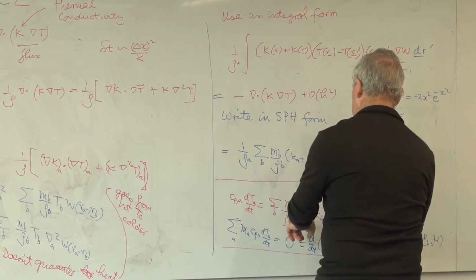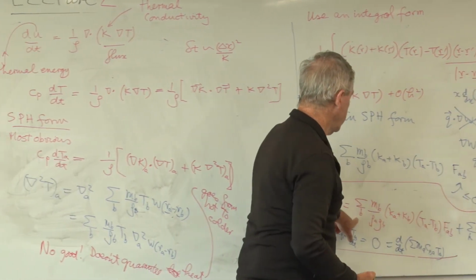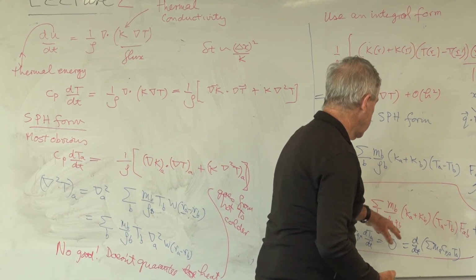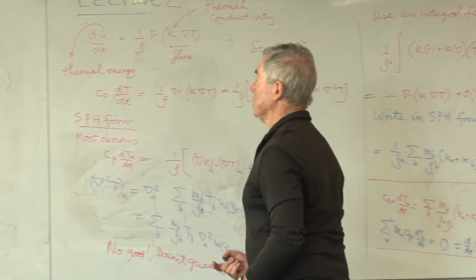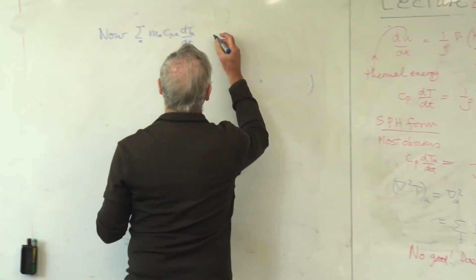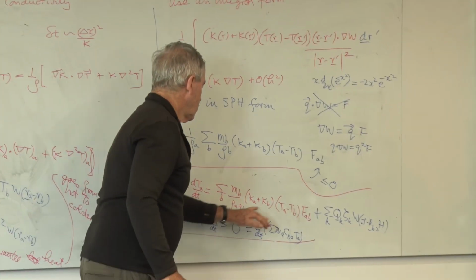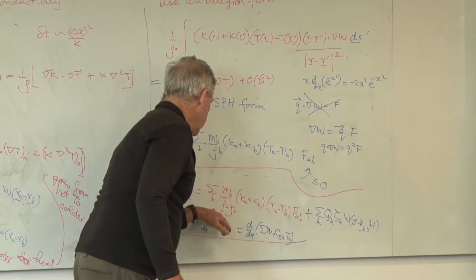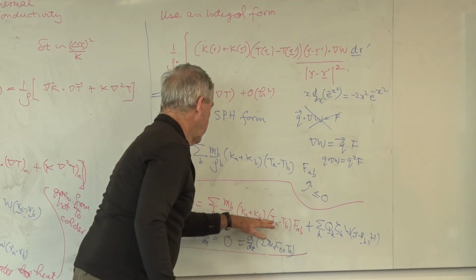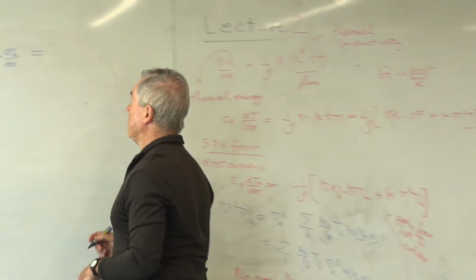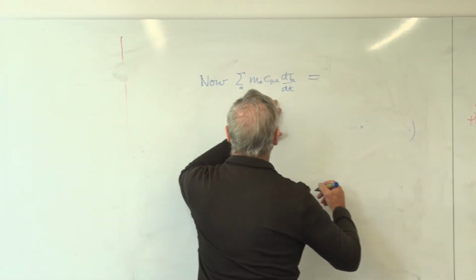I have those terms, which when I sum over M will vanish, because all that's the internal exchange of energy. And I've got this guy over here. Let me say that again. This is nought because this term, when I sum it over A and multiply by M_A, will vanish. But now I have this extra source term.